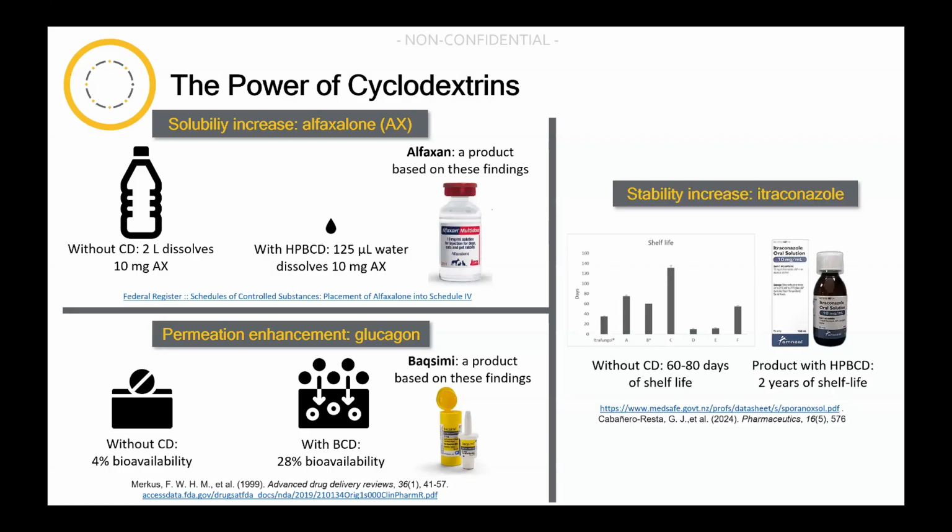And of course, stability increase is important in the parenteral formulations where there are a lot of aqueous solutions. You dissolve your compound, and by that the risk of degradation will increase. So using cyclodextrin can improve this disadvantageous property of the API.